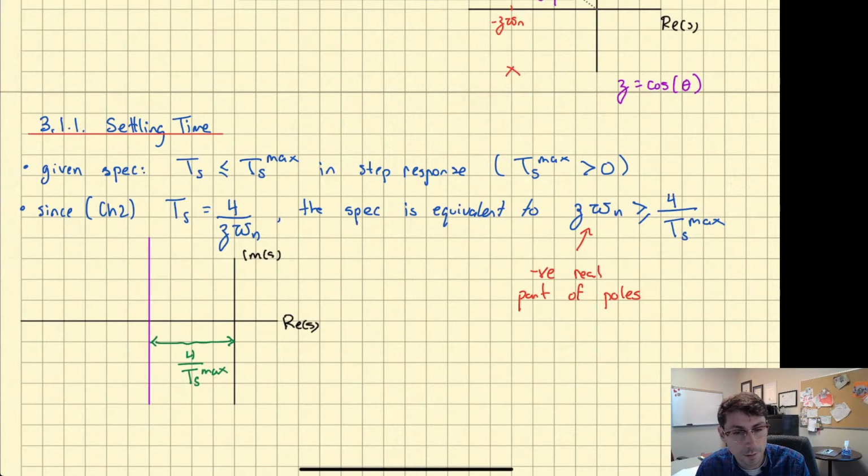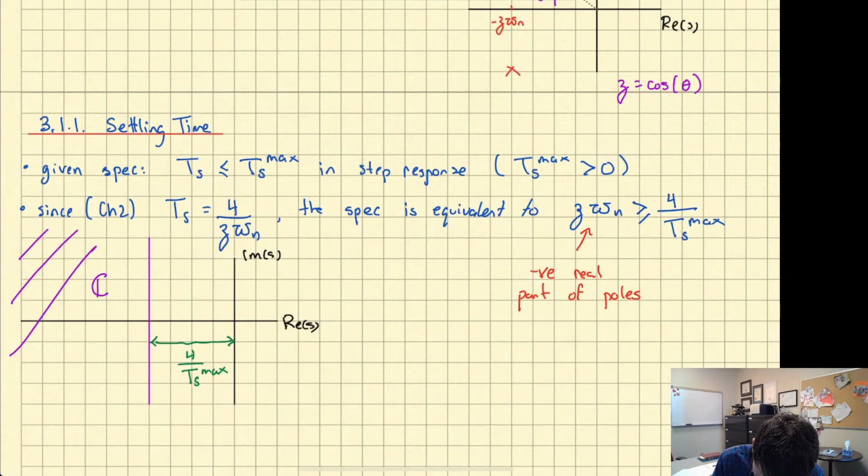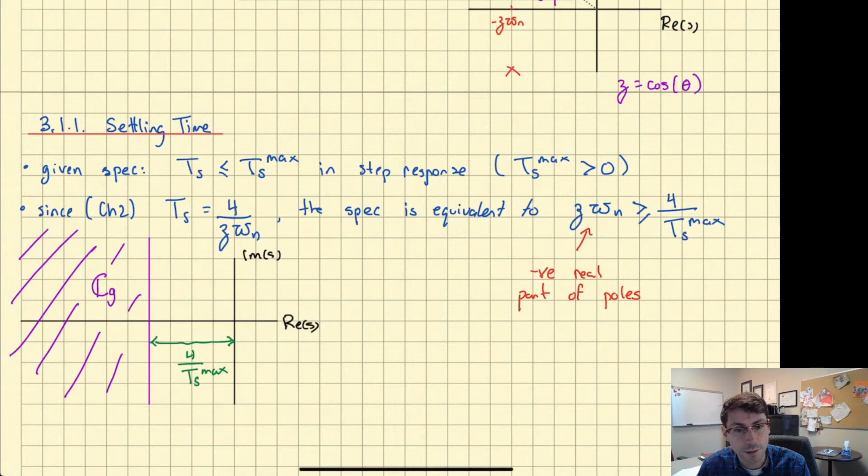Okay, and as you get smaller and smaller settling time, that purple line is going to move further and further to the left. And so our good region here is all this stuff here. I'll call that complex plane sub G for good. So there's our good region for the settling time spec.